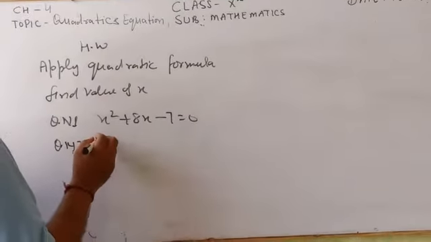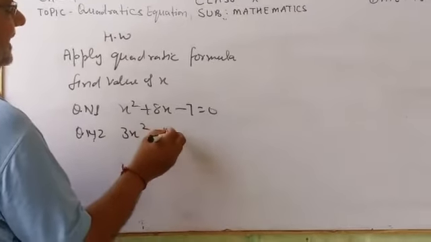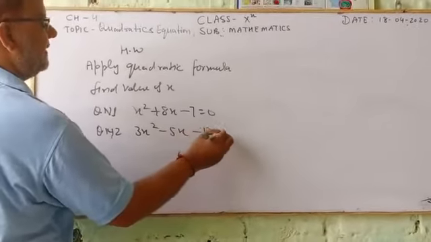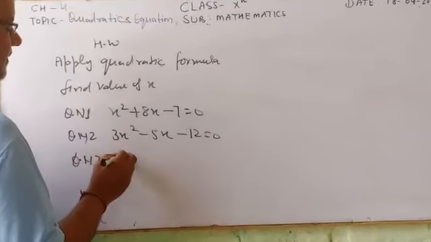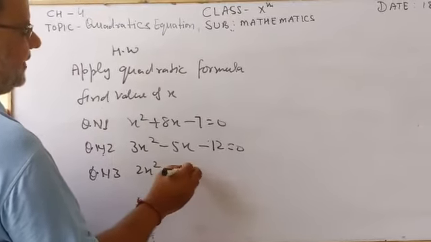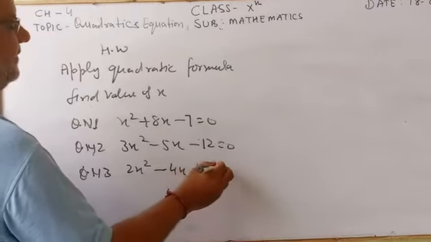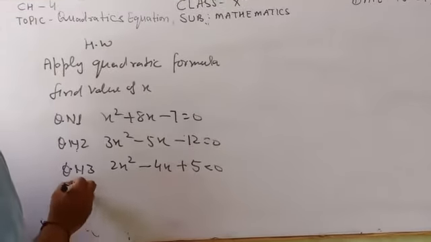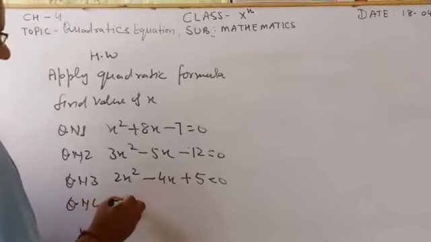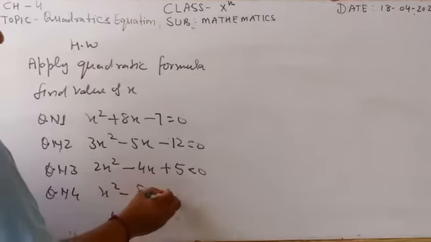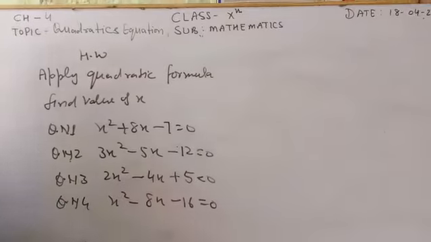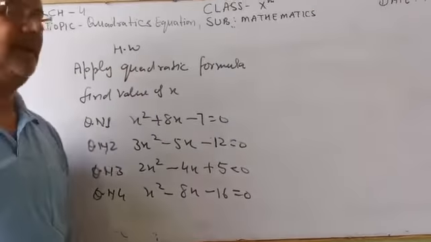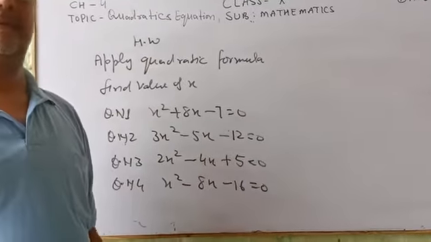Question number 2: 3x square minus 5x minus 12 equal to 0. Question number 3: 2x square minus 4x plus 5 equal to 0. Question number 4: x square minus 8x plus 16 equal to 0. So students, try these questions. If you have any problem, contact me.